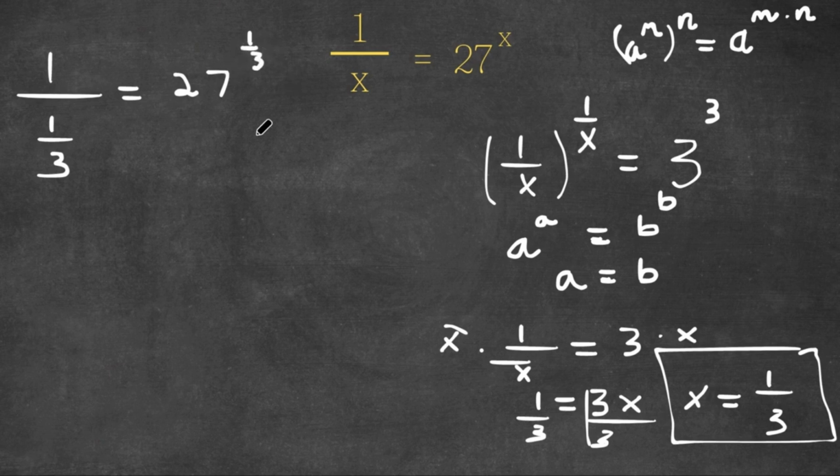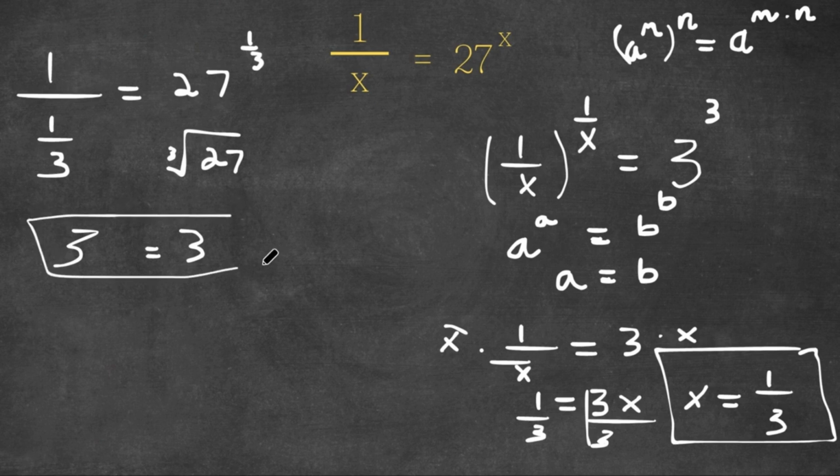Now, 27 to the power of 1 over 3 is the same thing as the cube root of 27. And the cube root of 27 is 3. So now we have 3 is equal to, now 1 over 1 over 3 is the same thing as 3. So 3 equals 3. Because this is right, we know that our solution is right.